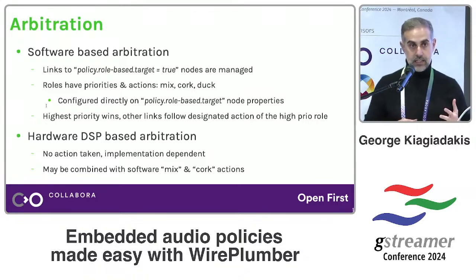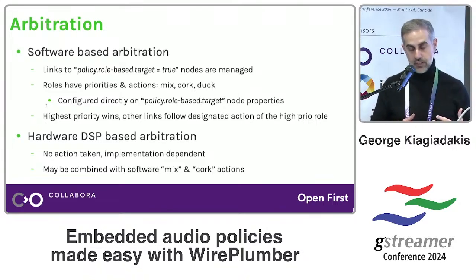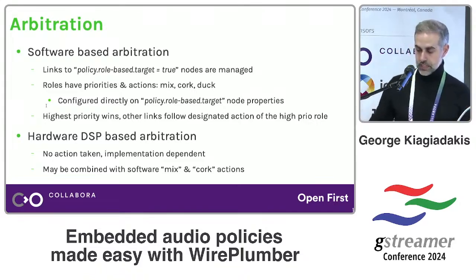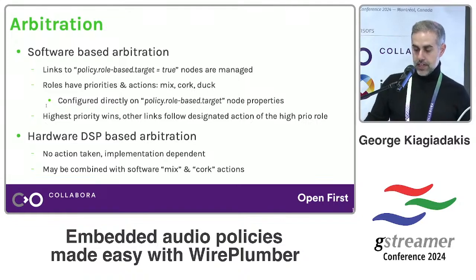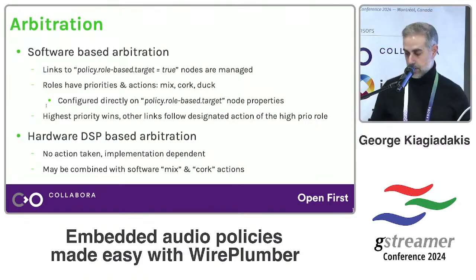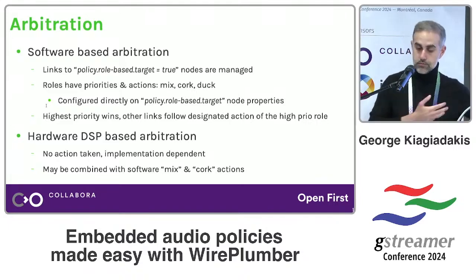And duck is the higher priority stream will play at full volume and the lower priority streams will lower in volume. These priorities and actions are configured directly on the loopback nodes. So the same node that has the policy role-based target property can also have some extra properties to define the priorities and actions. And yeah, the highest priority wins, the lower priorities follow the action.